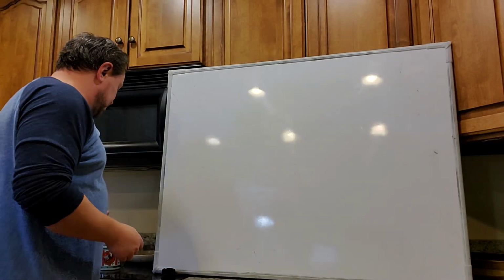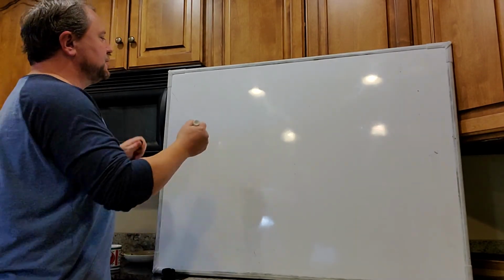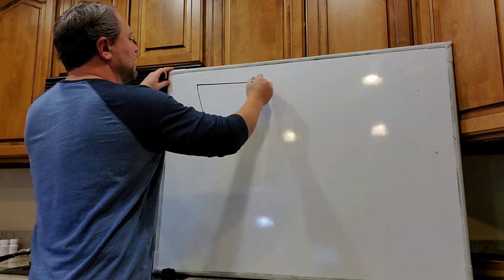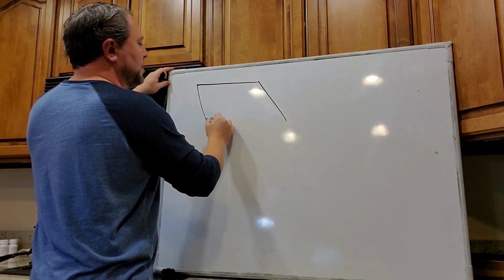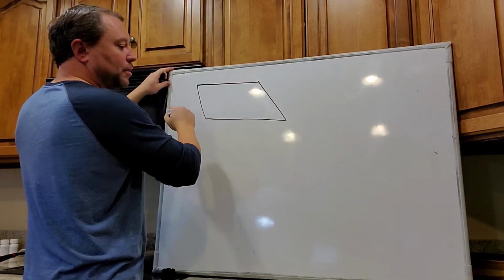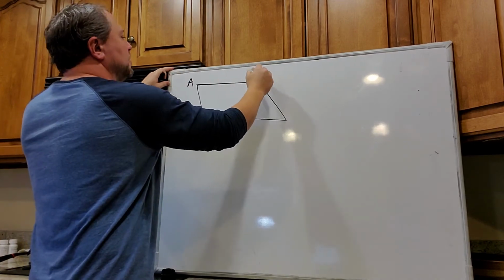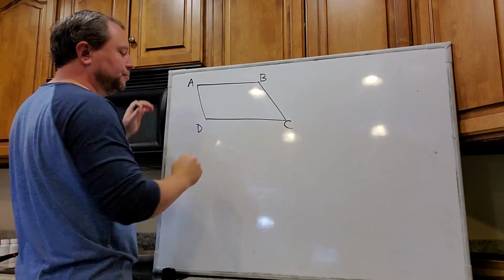Okay, so for example, let's say that we have a parallelogram here that we're going to call ABCD.